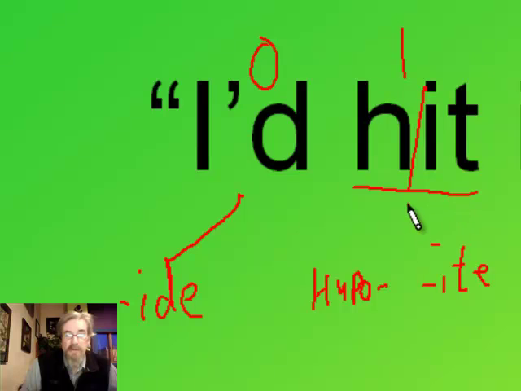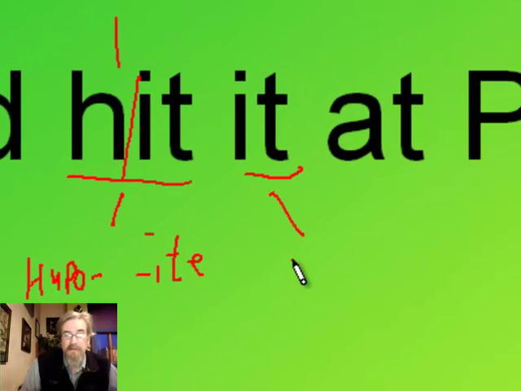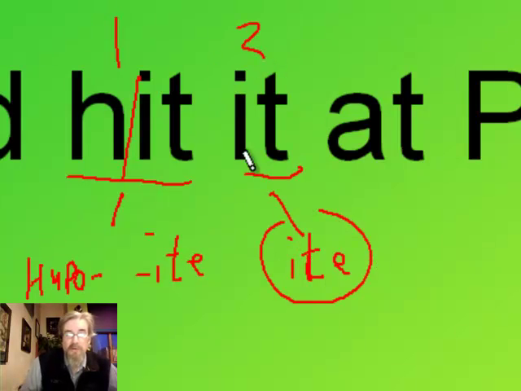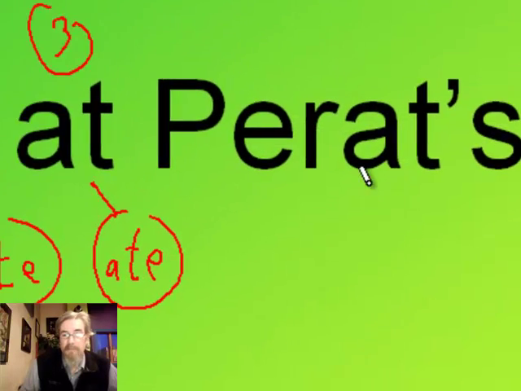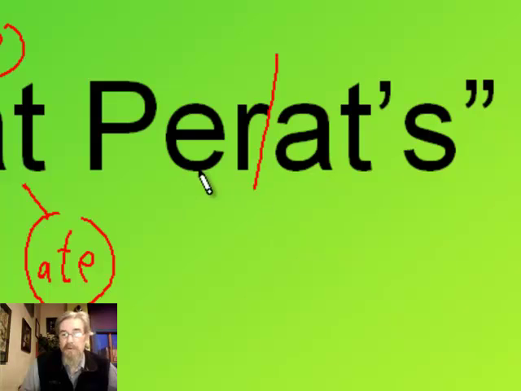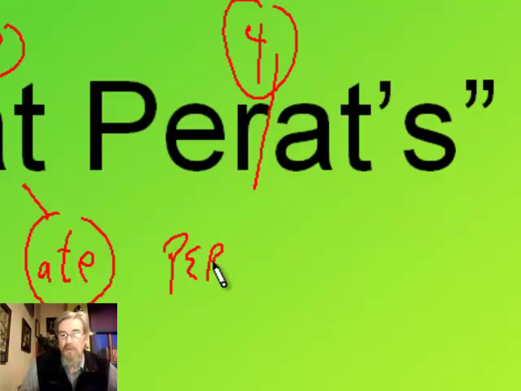So that's what hit stands for. It is ite, and that's 2 O's, 3 O's, at, which is ate, and perats is per-ate, and that's 4 O's. So we have this sequence of 0 O's, 1, 2, 3, and 4 O's. That this phrase helps us remember what the word parts are. So perats is per, and then suffix ate.